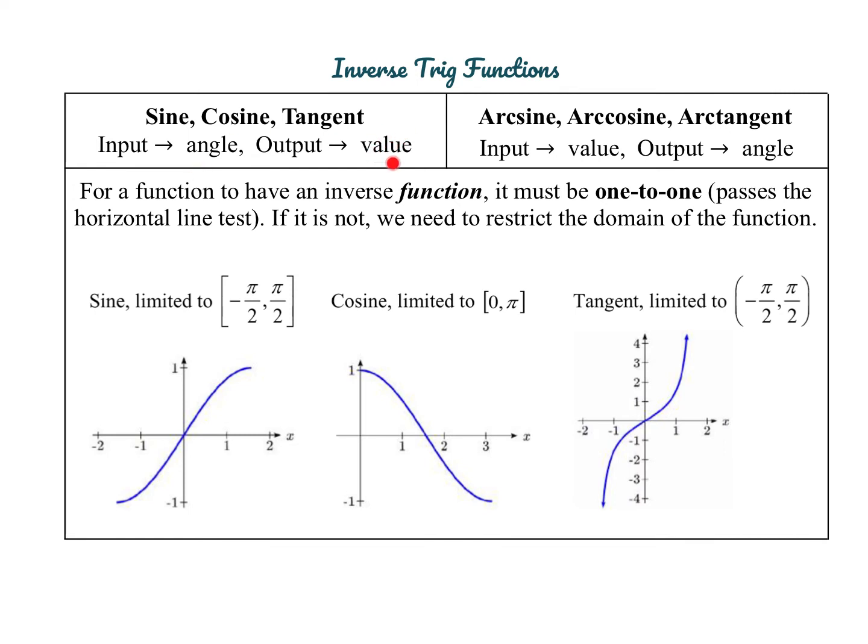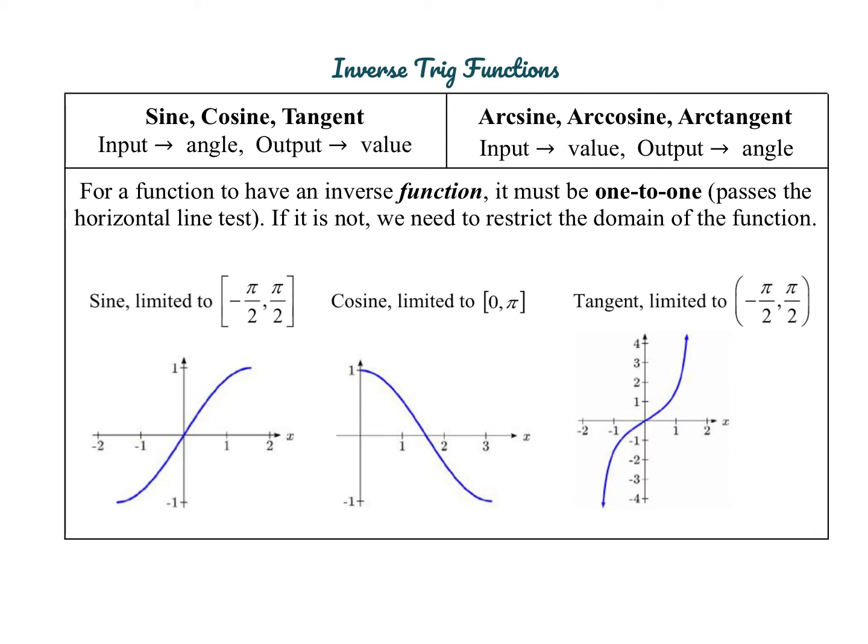For the inverse trig functions, arcsine, arccosine, and arctangent, the input and the output are swapped, because everything about your inverse function, the x and the y's, the domain and range, input and output are always swapped. So in this case, the input is the value, like arcsine of 1/2, and the output is an angle. So you'd say pi over 6.